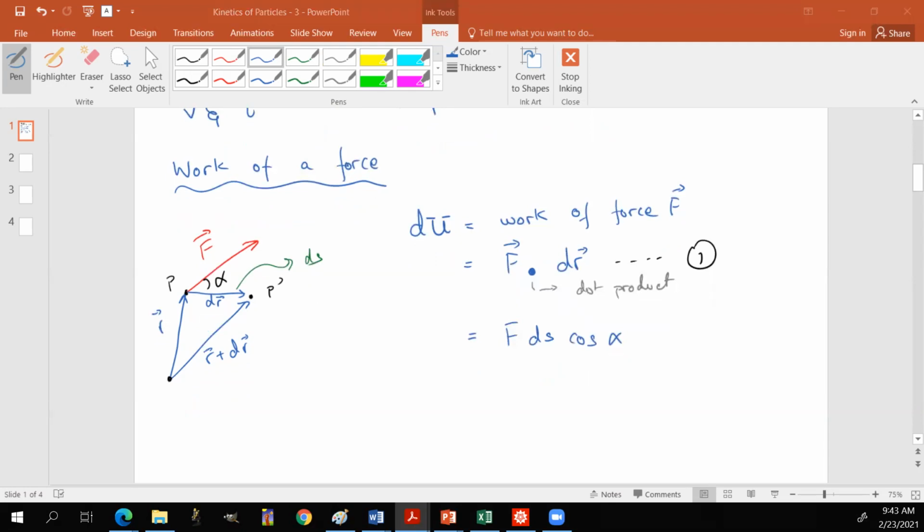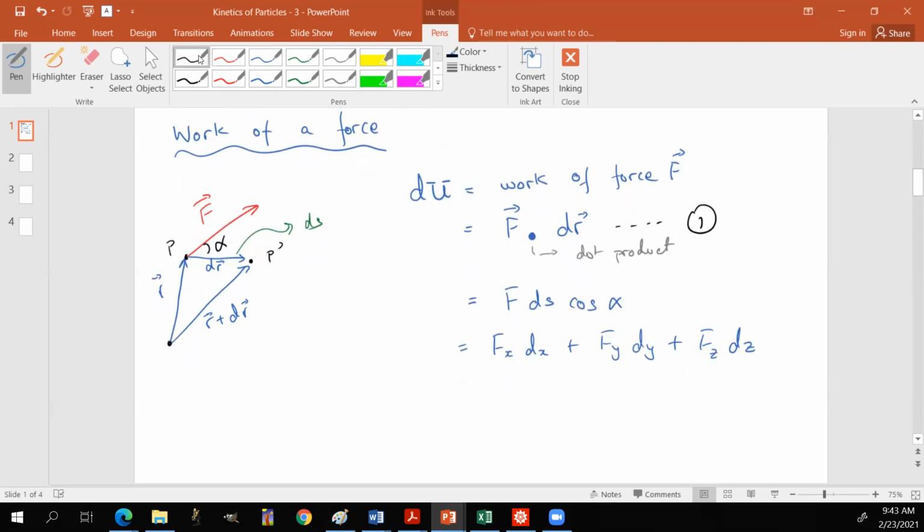You can also write this, as we know from the dot product in the ijk components, as Fx times dx plus Fy times dy plus Fz times dz. So ultimately, what is this work? Is it going to be a vector or a scalar?